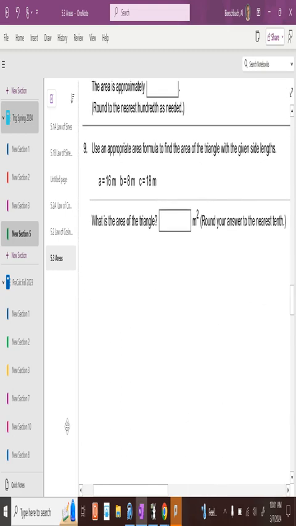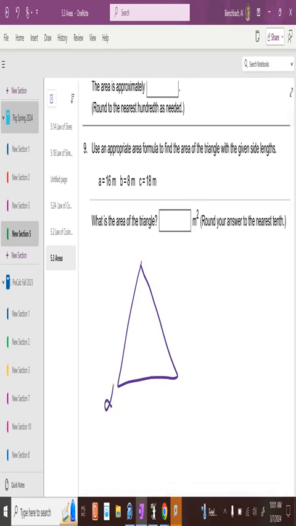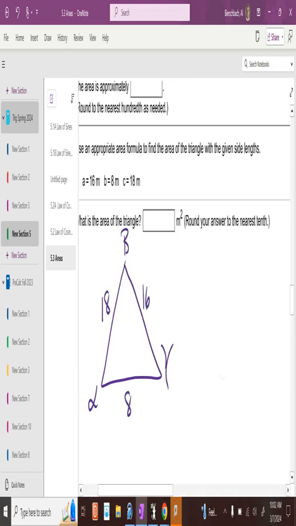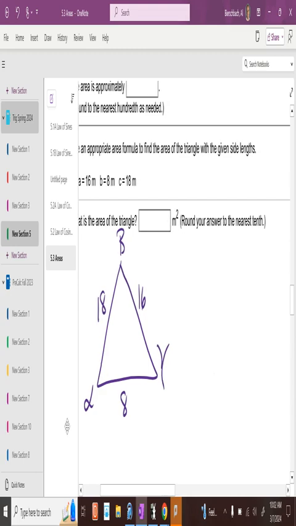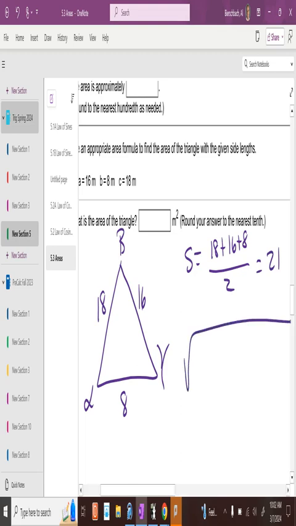Let's do one more. So alpha, beta, gamma, 18, 8, 16. What's the first step of Heron's formula? Find S. S equals 18 plus 16 plus 8 divided by 2. 18 plus 16 is 34. 34 plus 8 is 42. 42 divided by 2 is 21. So it's the square root of 21 times 3 times 5 times 13.